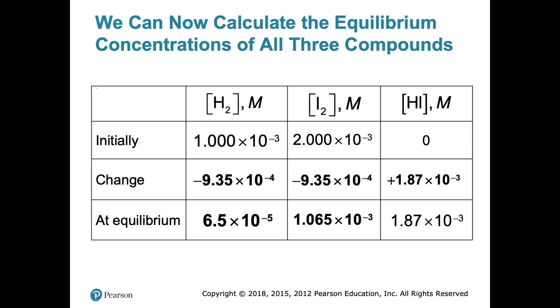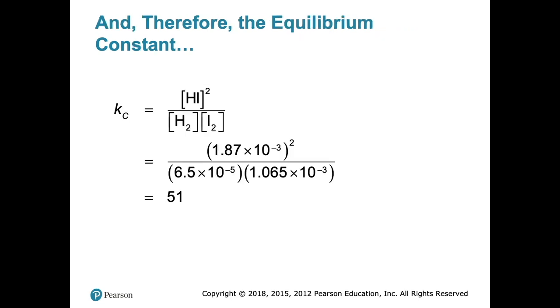The rest of it is easy because the rest of it is plug and chug. If you recall from the last lecture, the equilibrium constant is always what? The equilibrium constant is always the products over the reactants.